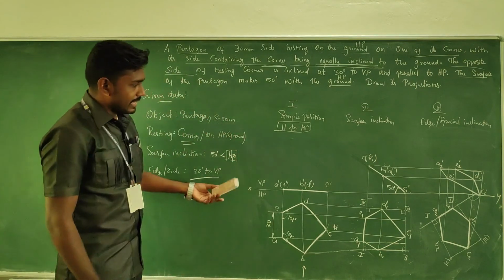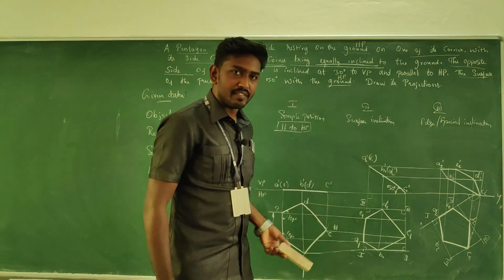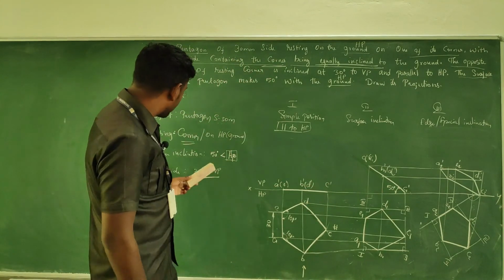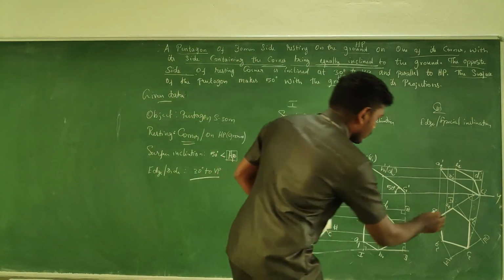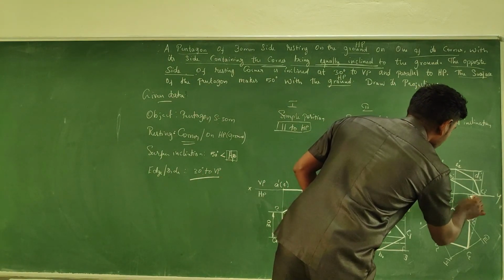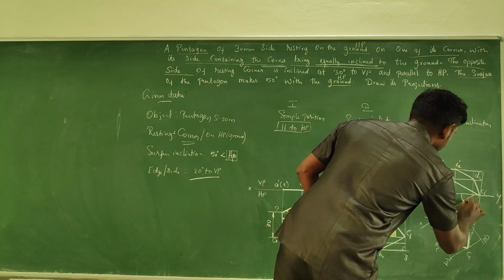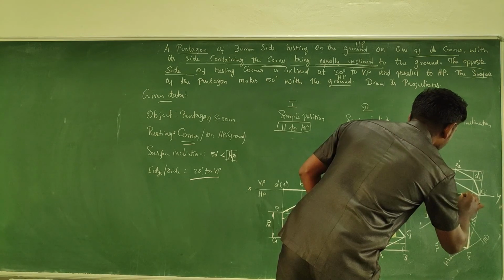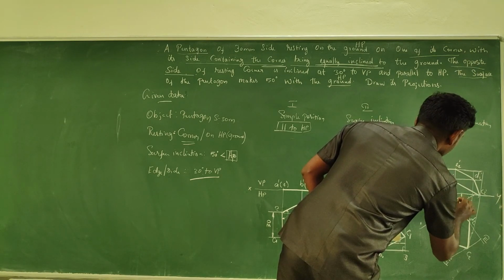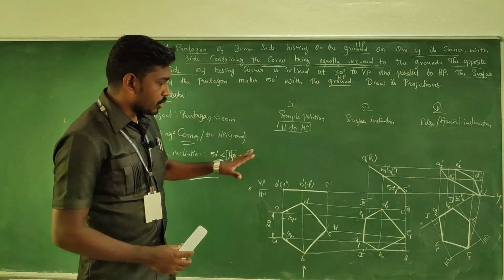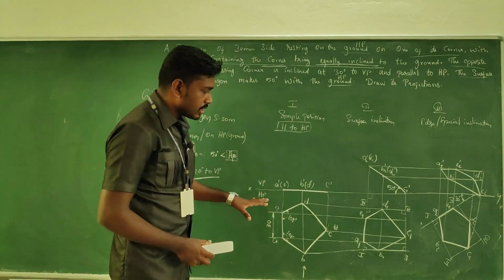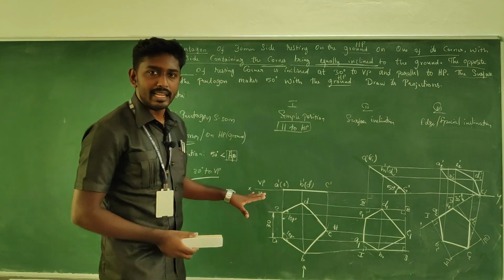And then the inclination of the surface is 50, which I have mentioned. And what about the edge inclination, which is 30? So you have to mention it. Here you can take the angle as 30 degrees. Okay, so all the work has been completed, and next I have to write about the dimensions.